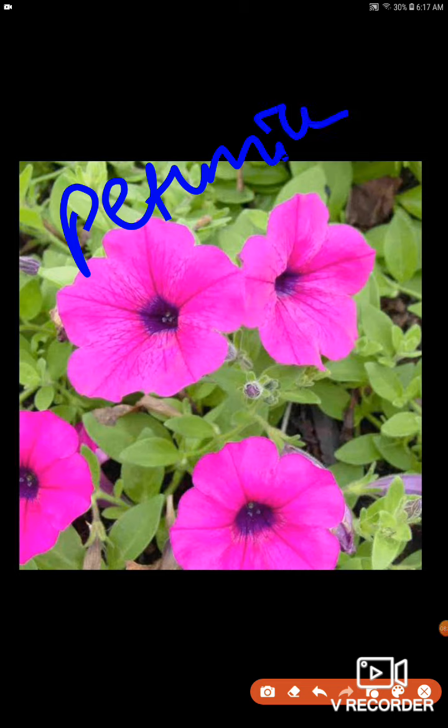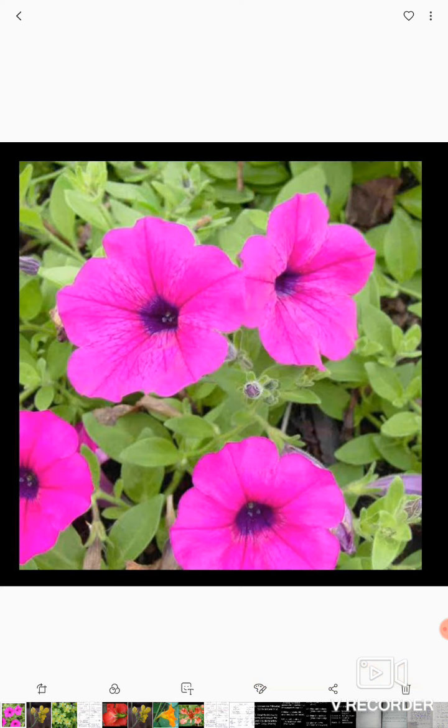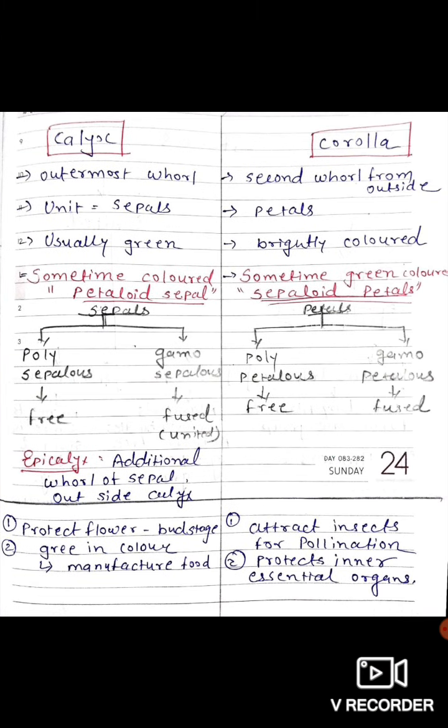And these are the gamopetalous. The example is petunia flower. See here, you can see all the petals are fused to each other and they are forming a tube-like, cone-like structure. So they are called gamopetalous. Now we will see the functions of corolla.